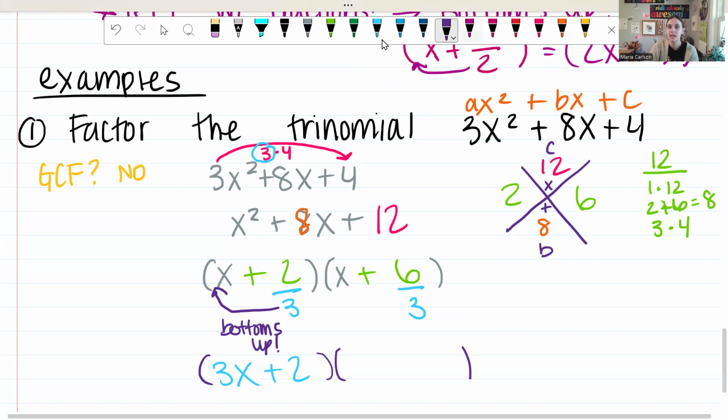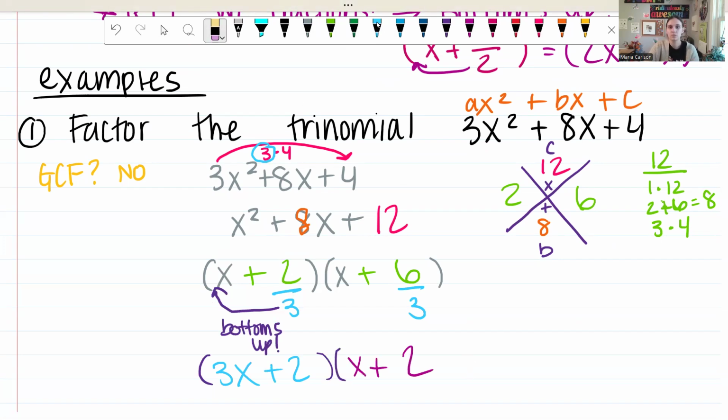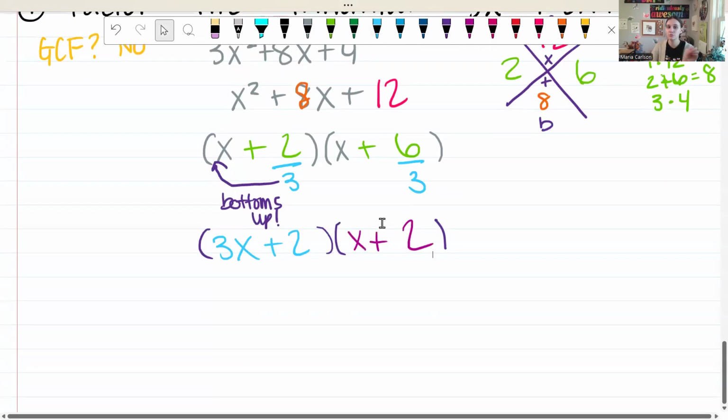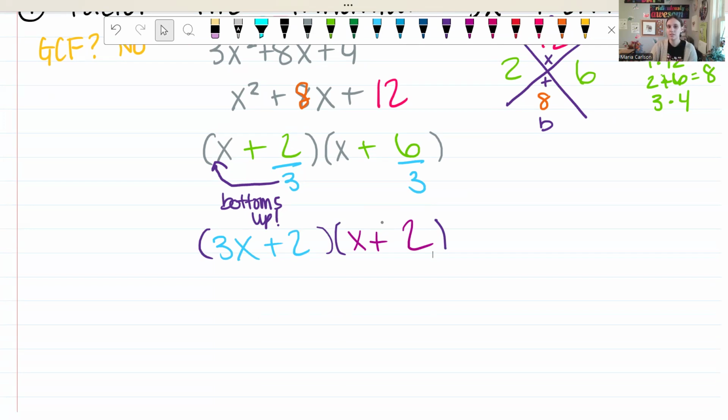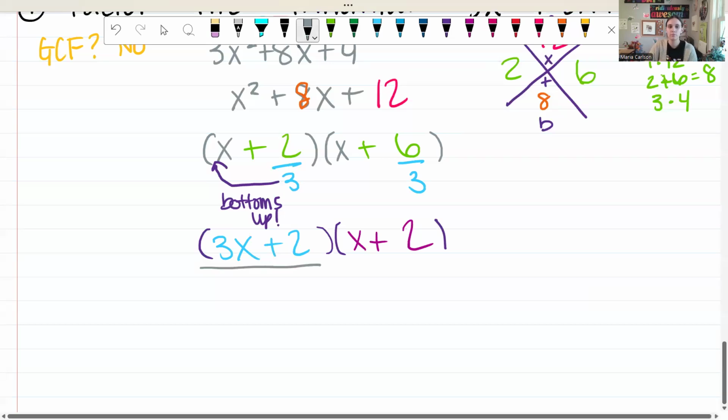So this would be x plus 6 divided by 3, which is 2. So these are the two binomials that I could then remultiply to give me the original trinomial, which was 3x squared plus 8x plus 4.